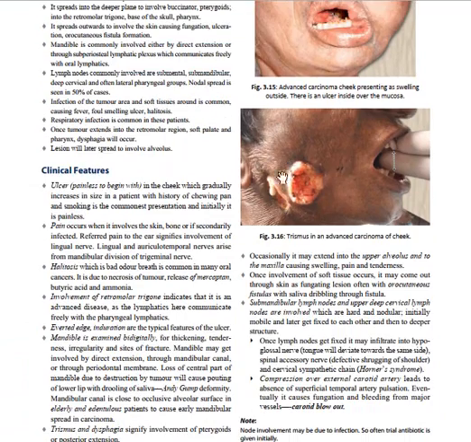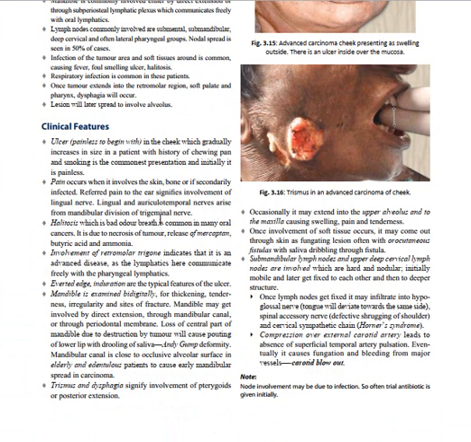So these are other presentations of oral cancer. What are the clinical features of this oral cancer? You may have an ulcer, you may have pain, and secondly, you may have halitosis. What is halitosis?